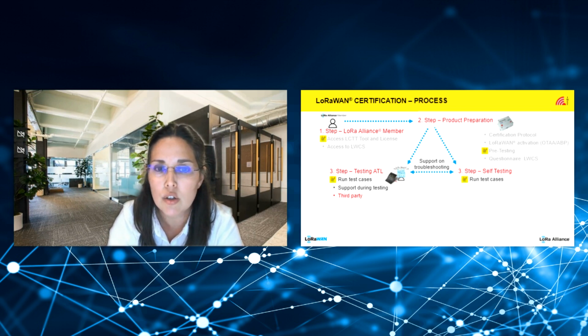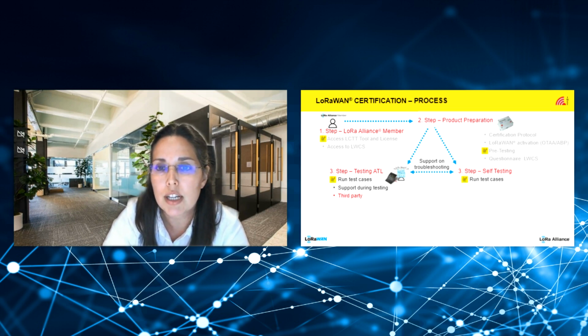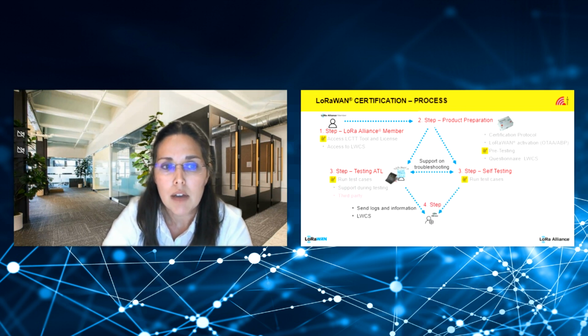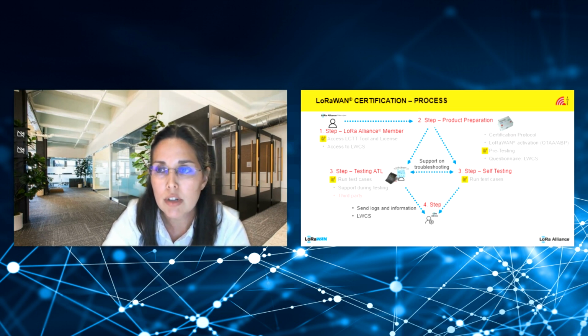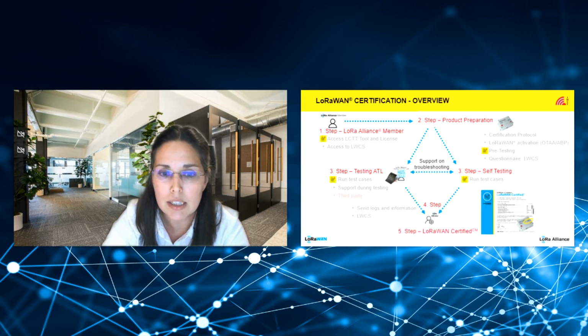Otherwise, there is another possibility for self-testing. This is only allowed for some members who have already been certified for this. After running the tests, you could send the logs and all the information to the LoRa Alliance, and it will be reviewed, and then the LoRaWAN certificate could be issued.